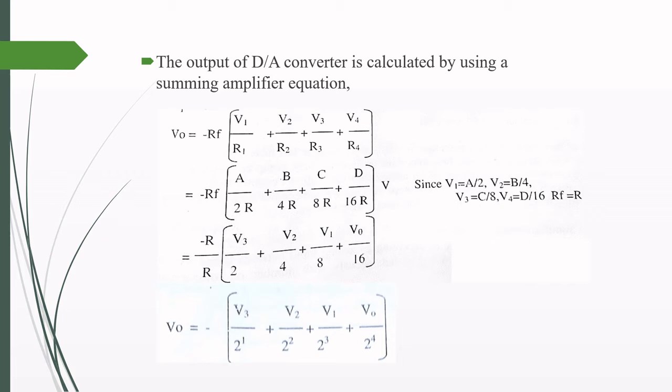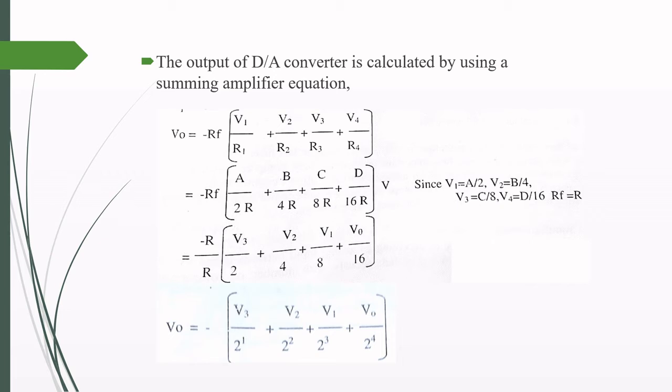The output of the D2A converter is calculated by using the summing amplifier equation. VO is equal to minus RF times the bracket V1 upon R1 plus V2 upon R2 plus V3 upon R3 plus V4 upon R4. So here you can see the equations.